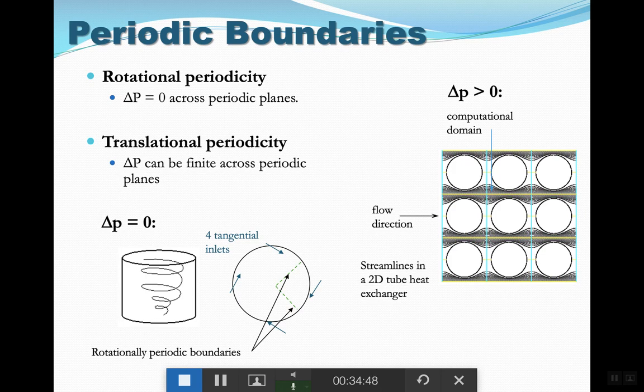So here I've given you two basically common examples. In here, what you have is arrays of pipes. So the circles are the pipes, and assume they are 3D pipes going into the plane. So this is your y direction, and this is your x direction, and the z direction goes into the plane.